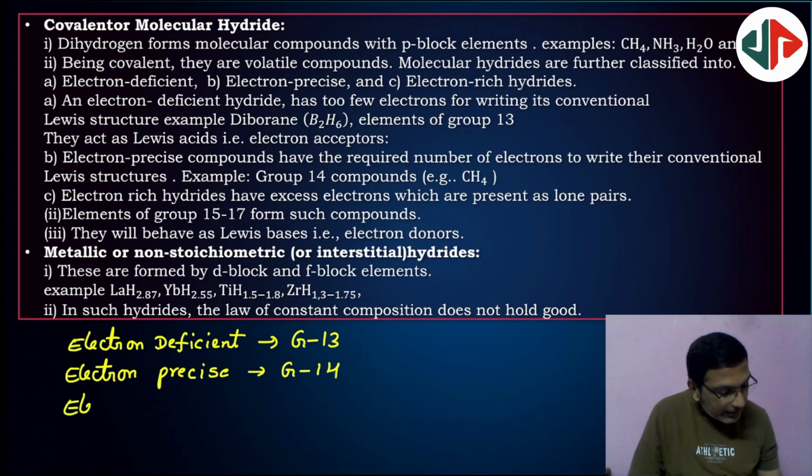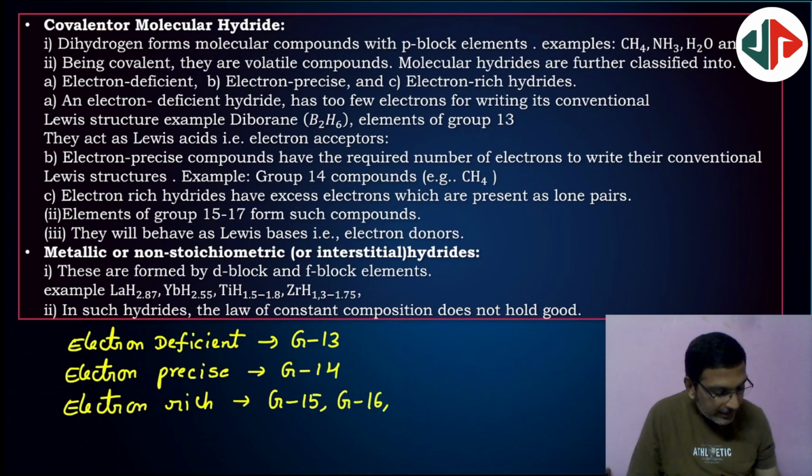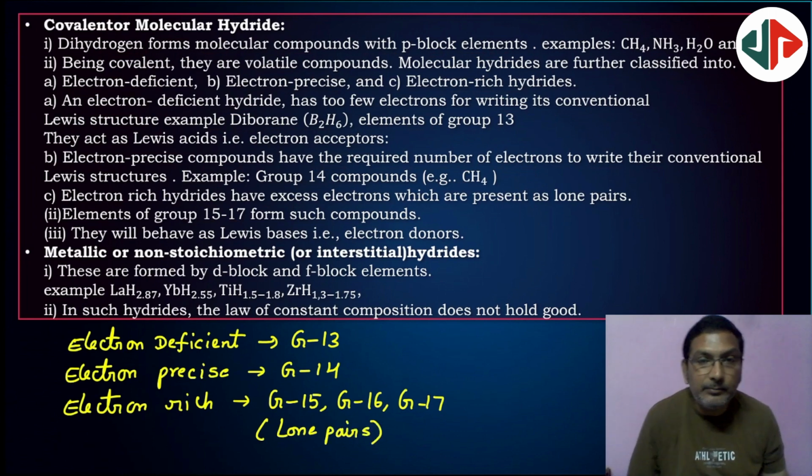Next, electron rich hydrides will be formed by group 15, group 16 and group 17. These contain lone pairs of electrons around the central atom. Very, very important.